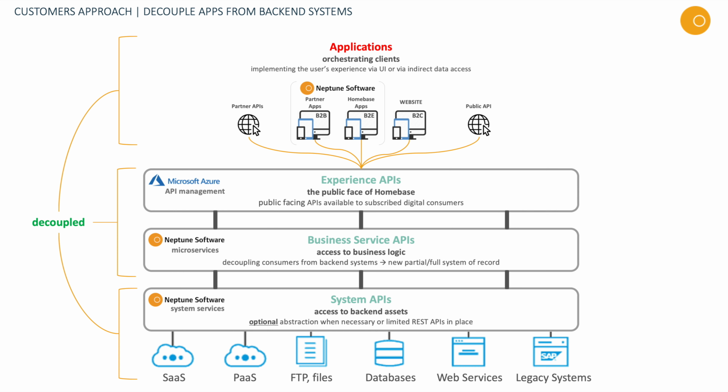And then at the very bottom, you have the system APIs, which are the ones that are in charge to actually connect to the different solutions, being SaaS, PaaS, FTP files, databases, web services, and legacy systems. This gives you the ability to abstract the necessary and limited REST APIs in one single place, while on the layer that is in the middle, being able to mix and match it into different business service APIs.